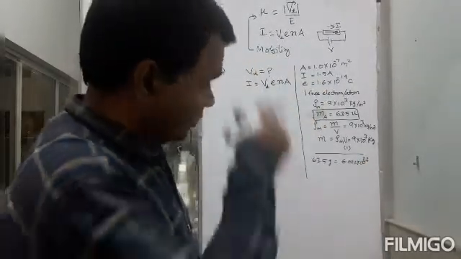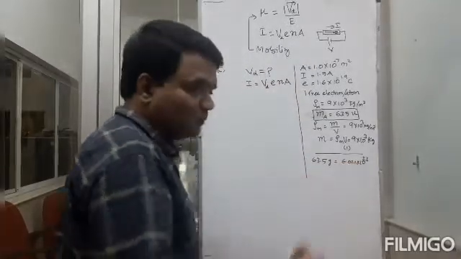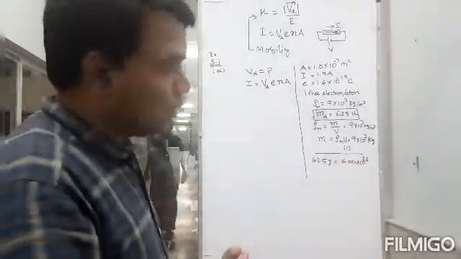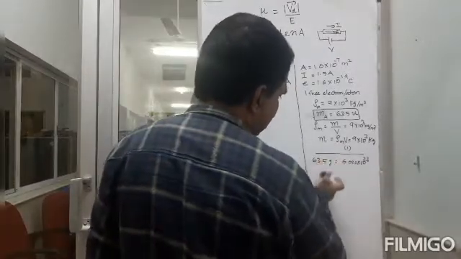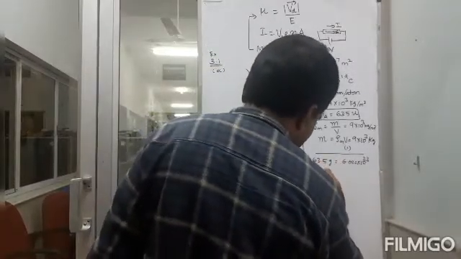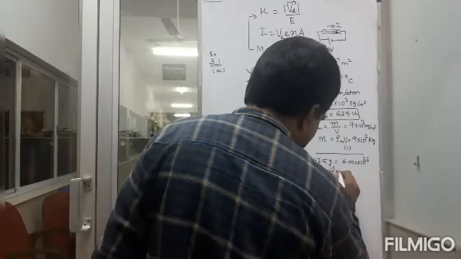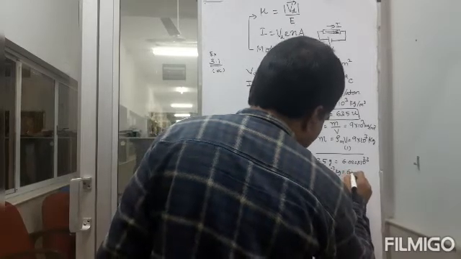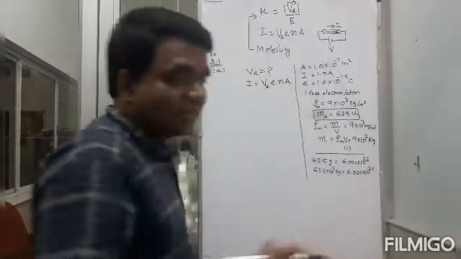Which means, how much would I have in 1 kilogram? I can convert that into kilograms, right? So 63.5 into 10 power minus 3 kg is equal to 6.022 into 10 power 23 atoms.